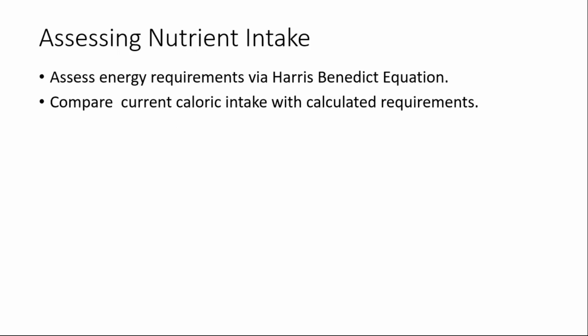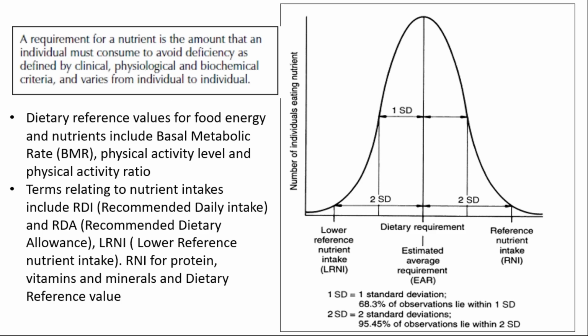The nutrient intake, as we said, is assessed via the Harris-Benedict equation, and the caloric intake is compared with the calculated requirements. And this will tell you whether your energy input is equal to your energy expended. So how do the nutrition scientists come out with this recommended daily allowance?